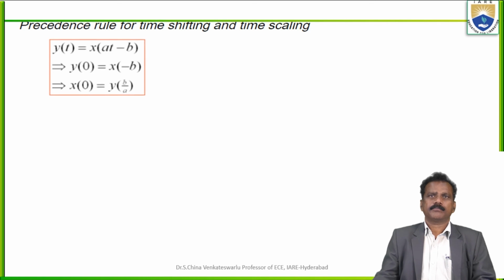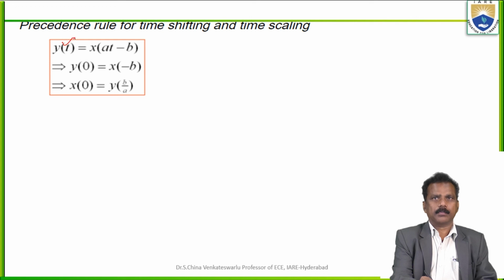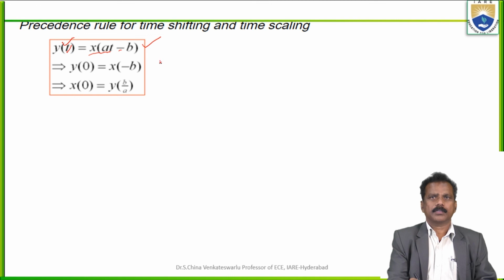Now, for the shift and the time scaling, there is a precedence rule where y of t is equal to x of a t minus b. When t is substituted as 0, y of 0 is equal to x of a times 0 minus b, which is x of minus b.